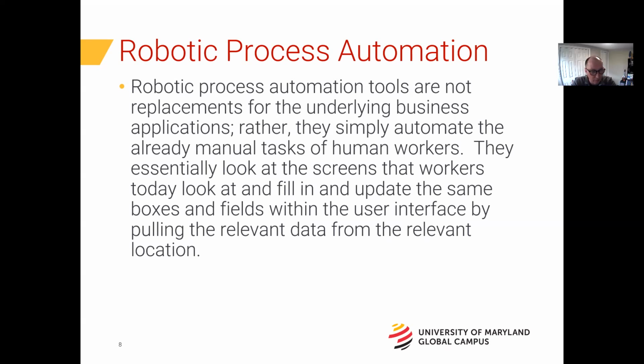The third exam will cover the past 2 weeks, so weeks 6 and 5 will be on exam 3. The final exam will cover week 7 and week 8. Which brings us to our next topic, robotic process automation.